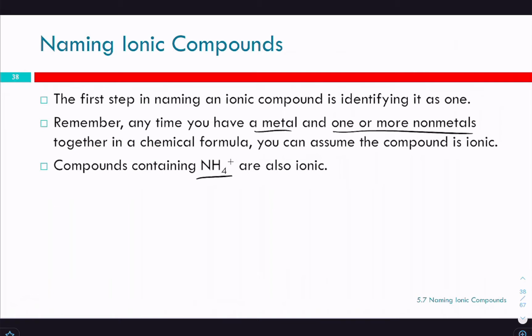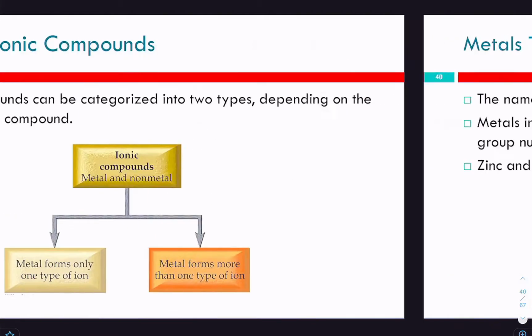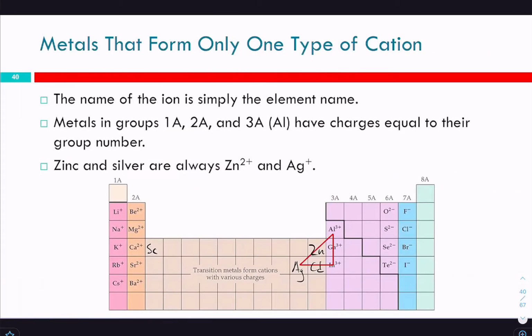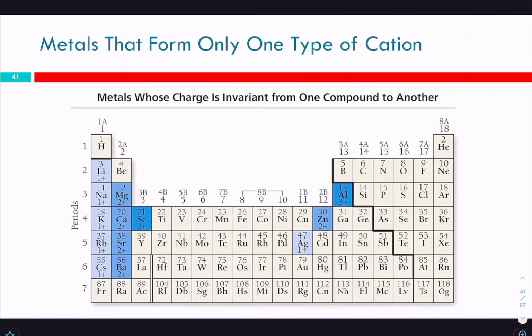And this is the thing that I think makes ionic compounds tricky, is that there are some metals that form more than one type of ion, and so we need to state what the charge of that metal cation is. So these are all the ones that form single charges, which is also the same list that I had you memorize. So if it's on the list that I had you memorize, then it's a single charge.